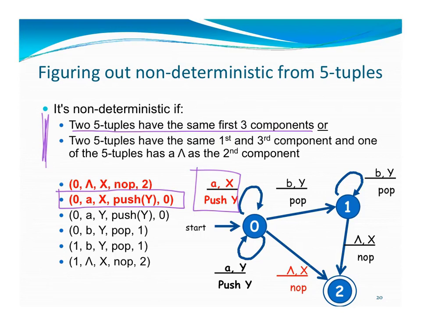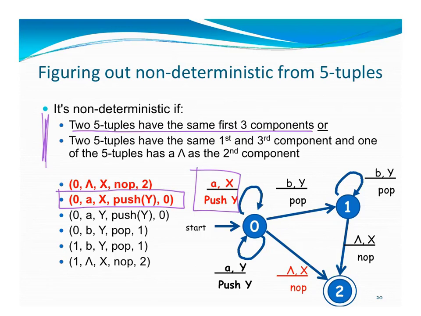And if I have another transition that starts at state 0 that sees the letter A and there's an X at the top of the stack, that would make it non-deterministic, right? If I looked through my list of 5 tuples and one of them had the same 3 things at the beginning, it would be non-deterministic.